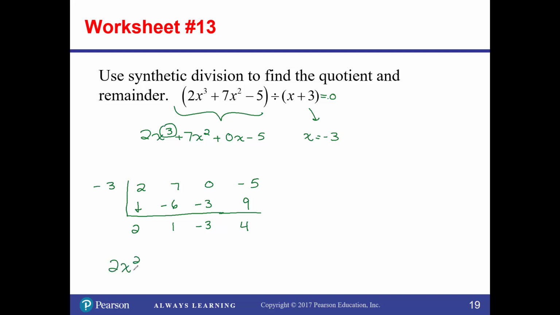So that is 2x squared plus 1x minus 3, and then my remainder is going to be 4. So this part, just as a reminder, that is the quotient, and the remainder is 4.